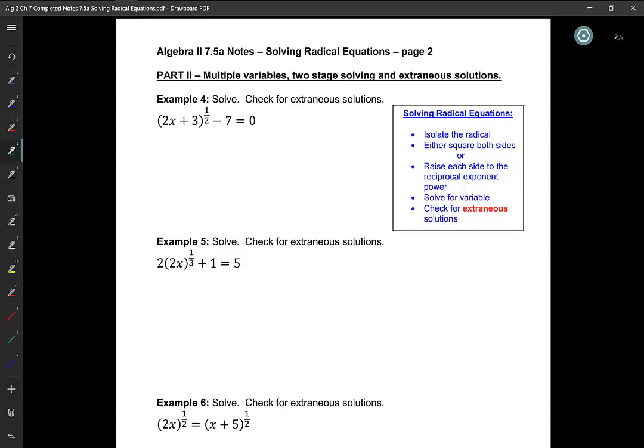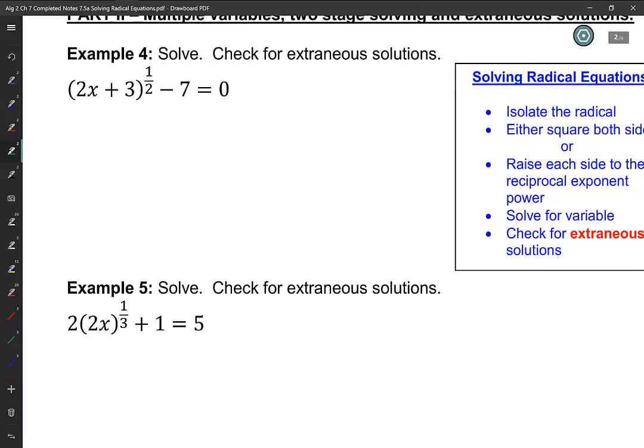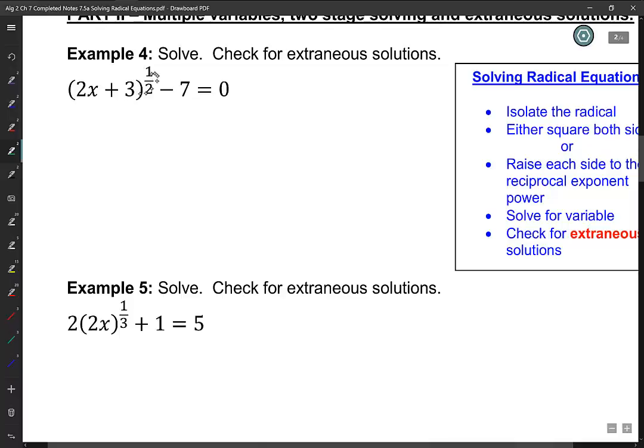This first one, we have (2x plus 3) raised to the 1/2 minus 7. So we're going to focus more on fractional exponents with 1 as a numerator here. Before you can eliminate that 1/2, you're going to probably have to get rid of the 7. I would imagine you've recognized that by now. And so we're going to take this 1/2 and we're going to bring the 7 over. How do you get rid of a fractional exponent of 1/2?